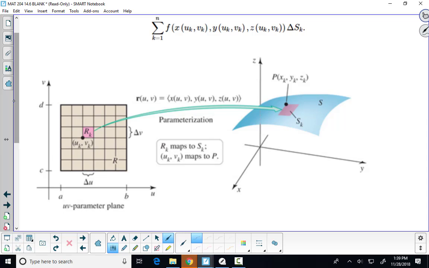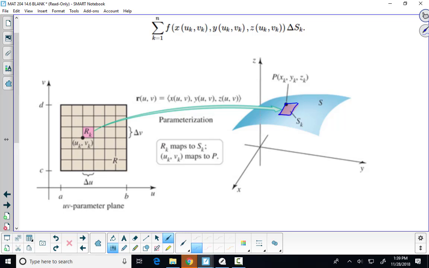This little rectangle in the parameter plane is going to correspond to a patch on the surface, a little tilted, curved patch. And then that curved patch is going to be approximated by a tiny parallelogram that's in the tangent plane.